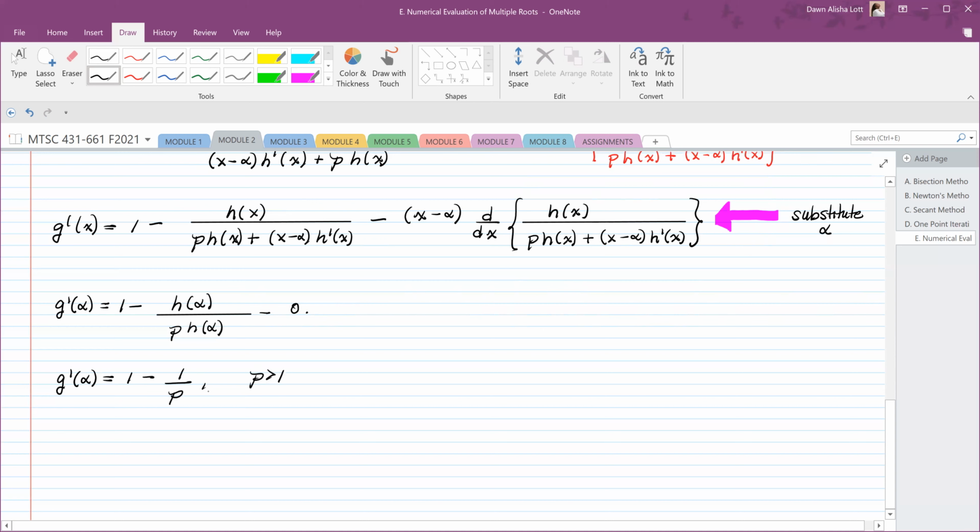So therefore g prime of alpha is equal to (p minus 1) over p. And by golly, that is less than 1.